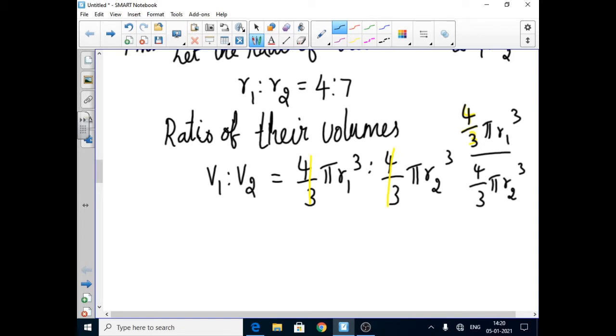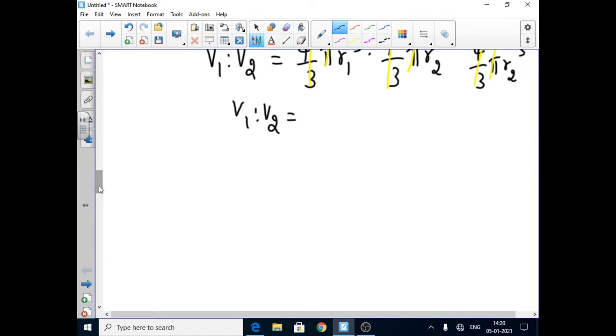Ratio means divide. Okay, so 4/3 cancel. Next pi cancel. Okay, so the R1 and R2 only we can't do the cancelling here. Okay, so V1 is to V2 is equal to R1 cube is to R2 cube.